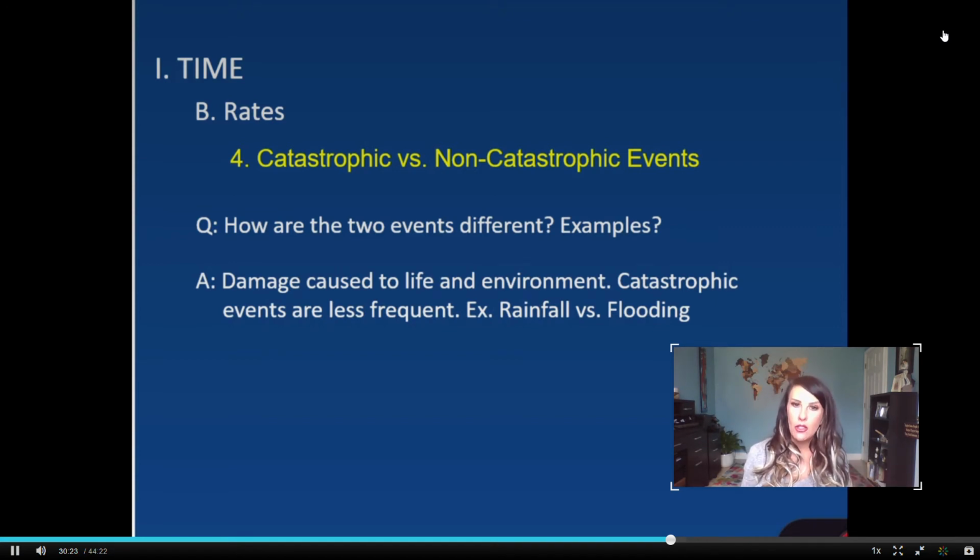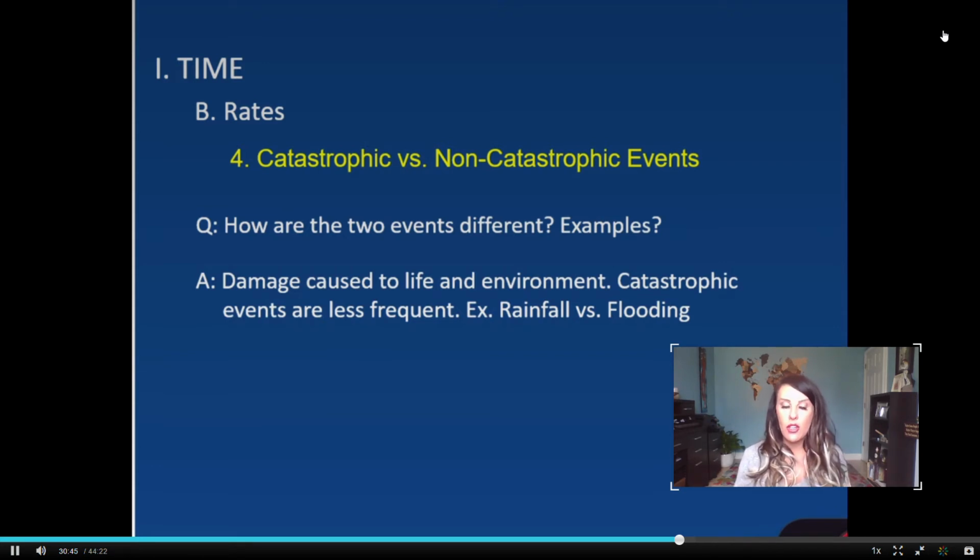It has a high magnitude, which means, if we're talking in terms of flooding, it's going to have a high discharge, versus a non-catastrophic event would be like a rainfall event. So small amounts of precipitation that don't really make a difference or impact lives.